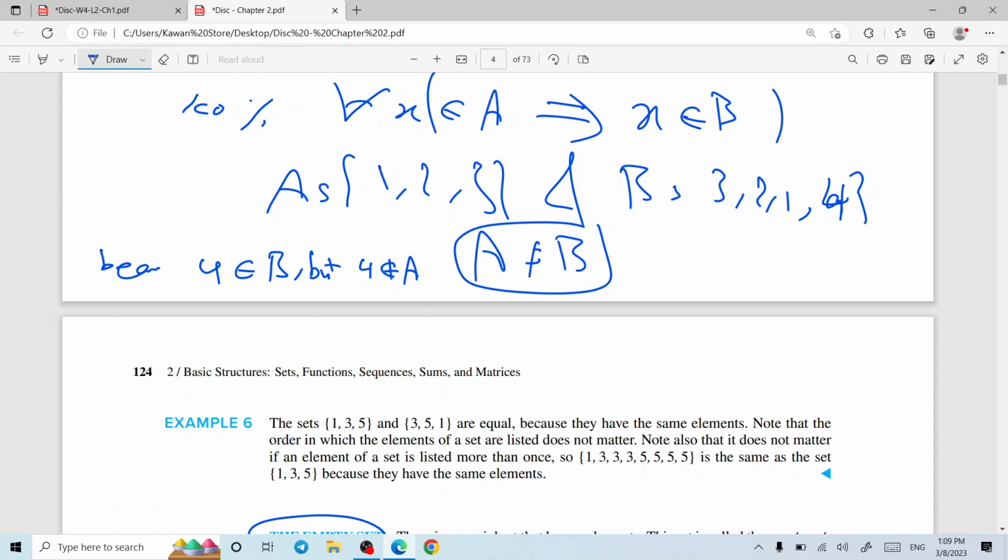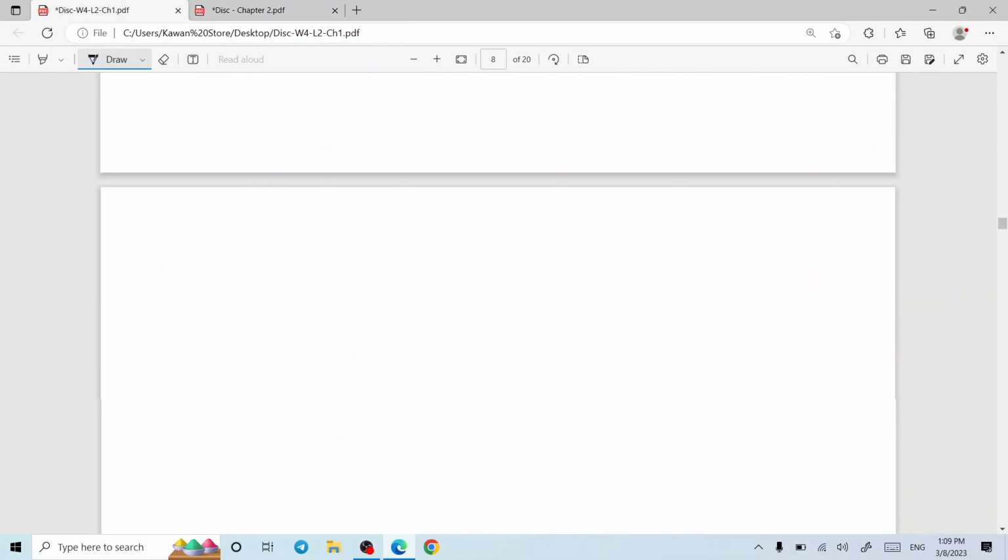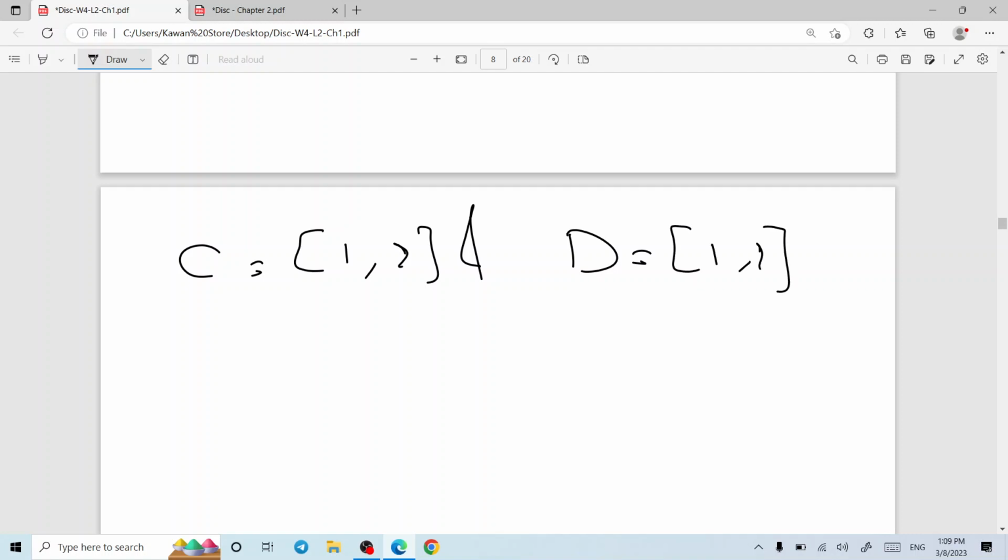You mean, for example, C equal to 1 and 2 and D equal to 1 and 2? Yes, of course, equal, because we have the same elements here. Yes, they are equal.